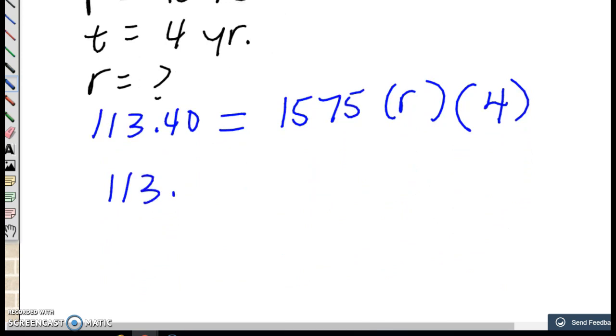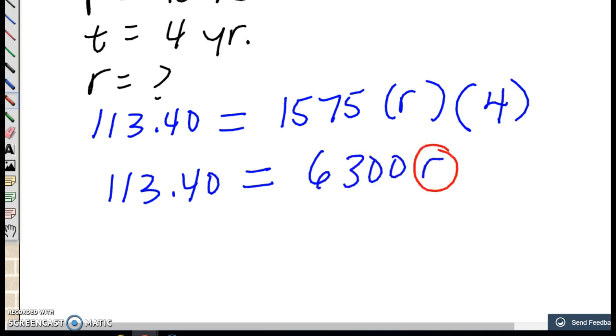So $113.40 equals 6,300 times R. If we want to get the R by itself, we need to undo the operation that's being done, which is multiplication. So we need to divide both sides by 6,300.